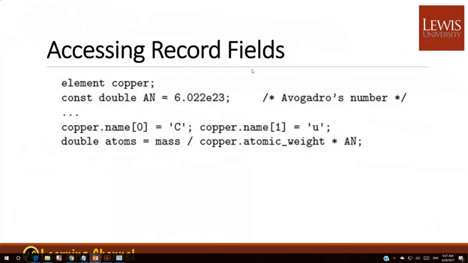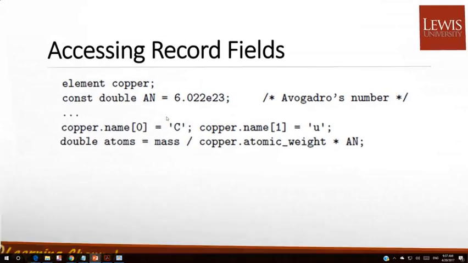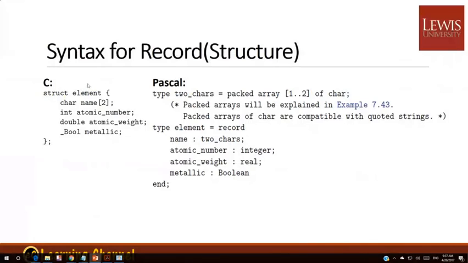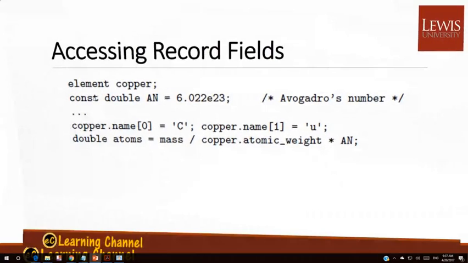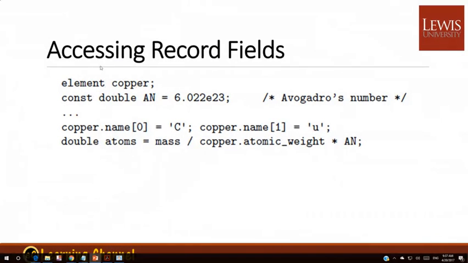So to access a data field, you can put an element that's copper. This one is in C format, and actually this is a structure. You use this to declare a structure called copper.